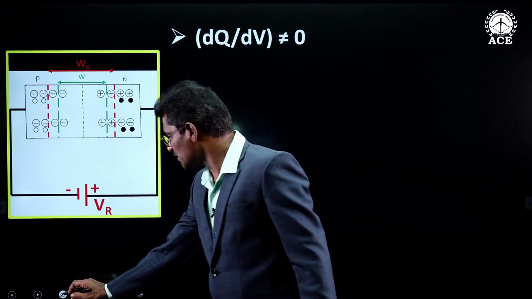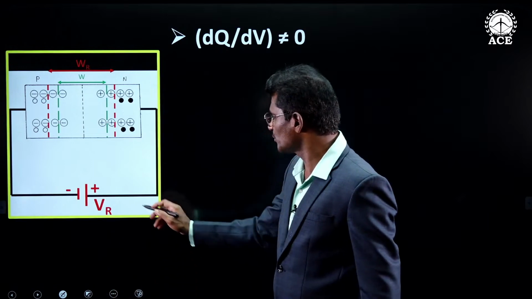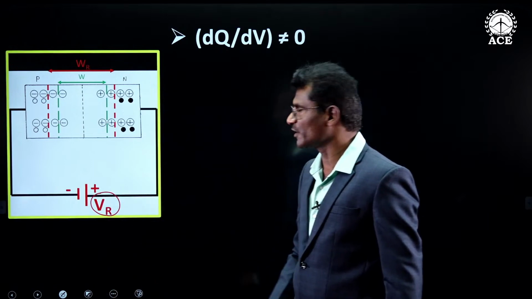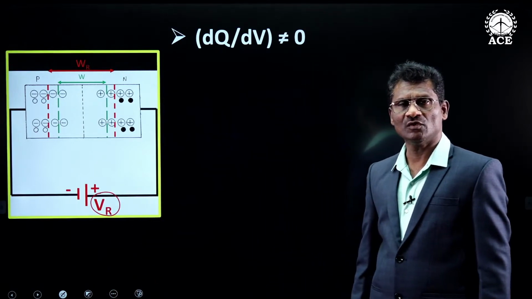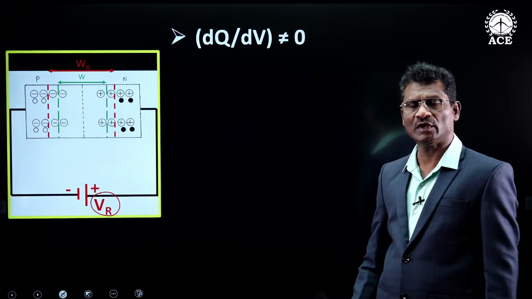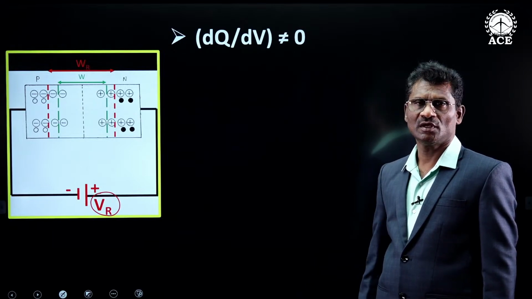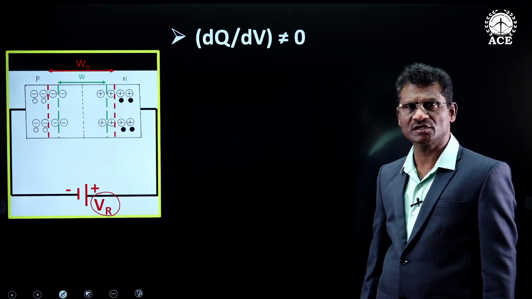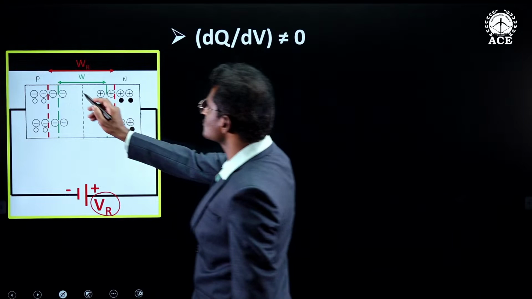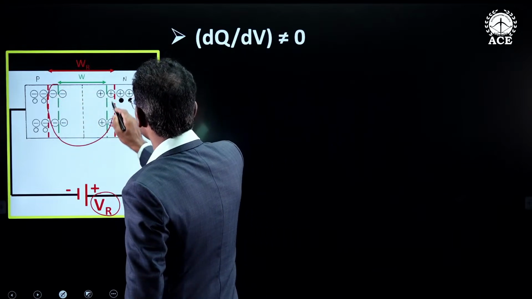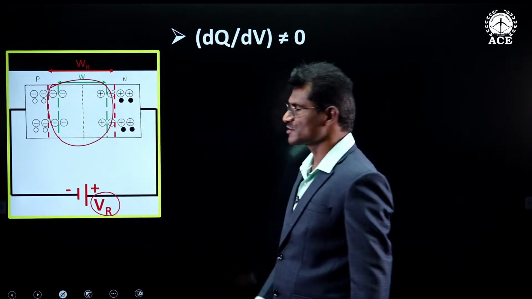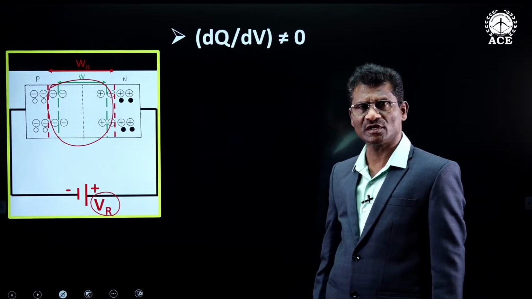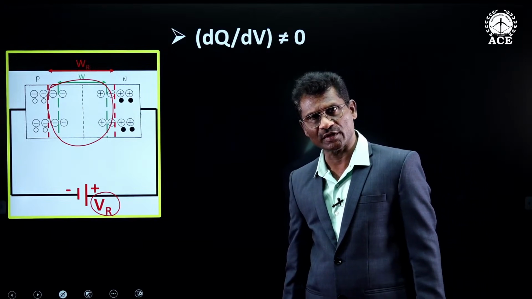Assume reverse bias is varied. Assume this reverse bias is either increased or decreased. Then width of depletion region will either increase or decrease. As reverse bias changes, width of depletion region changes and hence positive and negative ions existing inside depletion region will also vary.